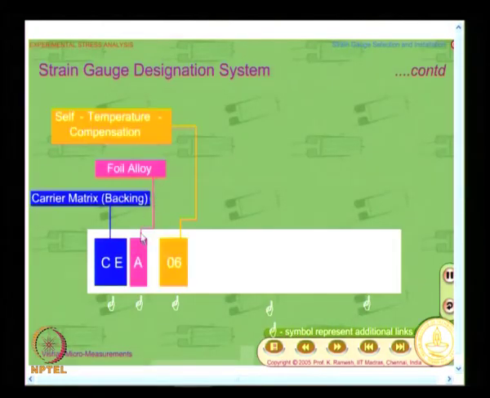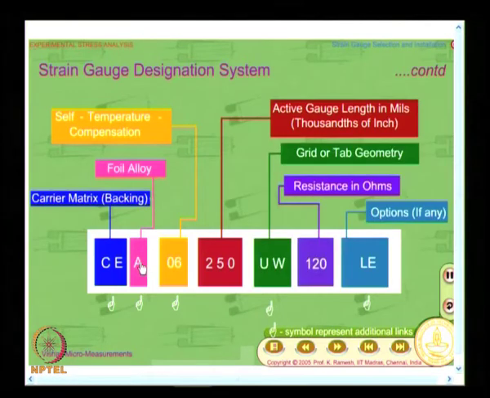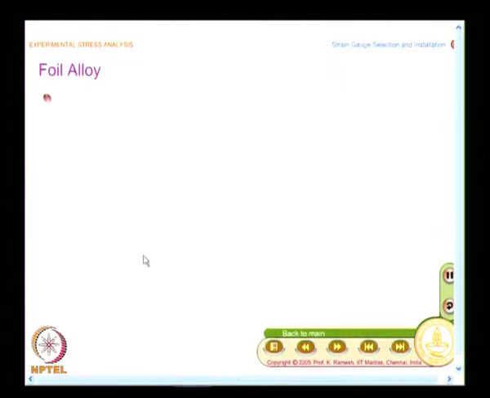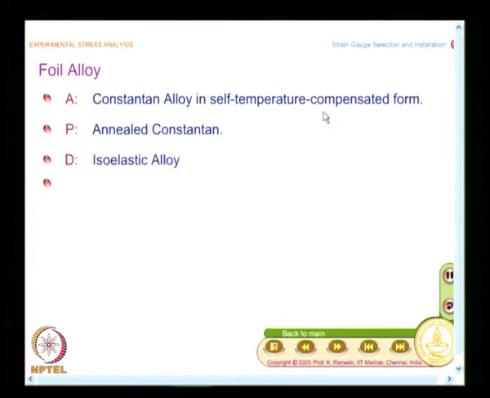And if you go to foil alloy, you will have symbols for advanced, constantan, because I am going to show you some strain gauges from Vishay Micro Measurements. You should be able to find out what these strain gauges are in reality. And A denotes advanced, it is a constantan alloy in self temperature compensated form.